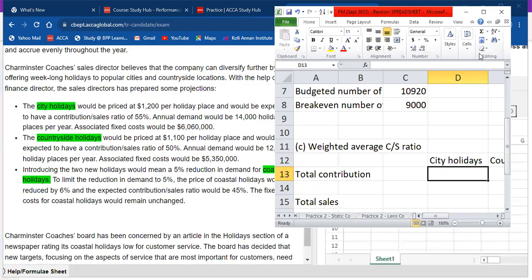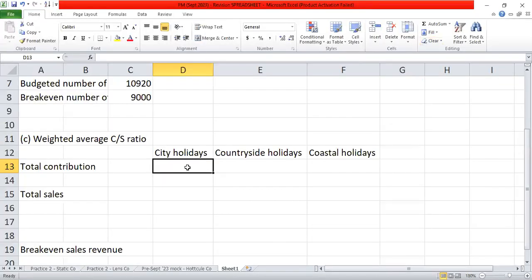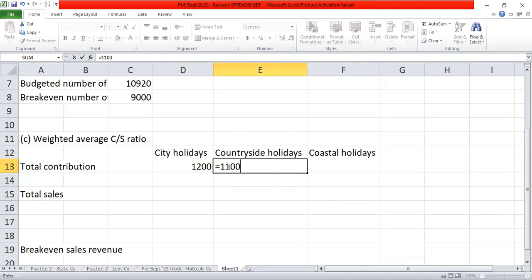The city holidays will be priced at 1,200. The countryside holidays will be priced at 1,100. So you see, sales is 1,200 times the number, 1,100 times the number.